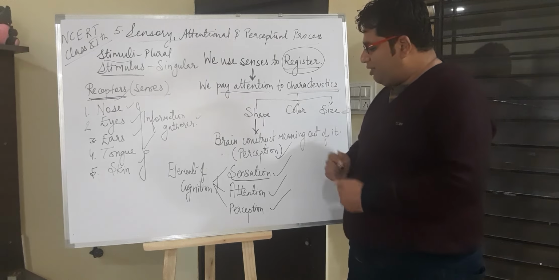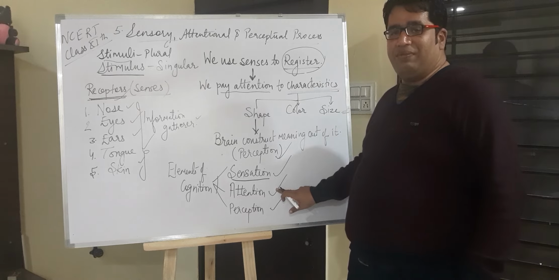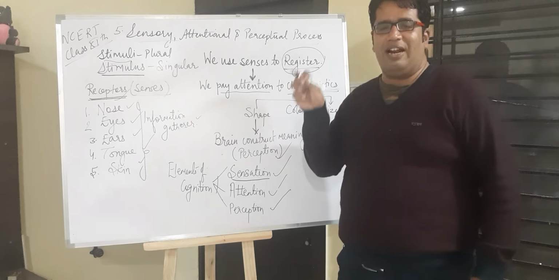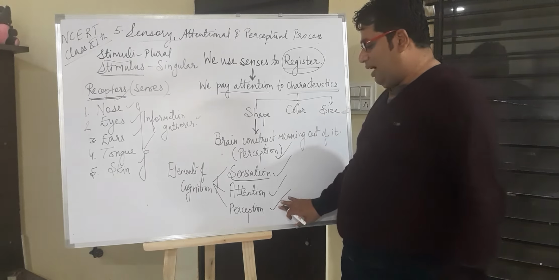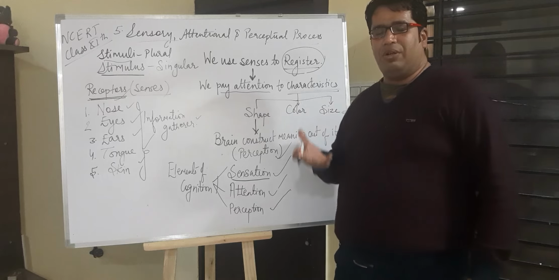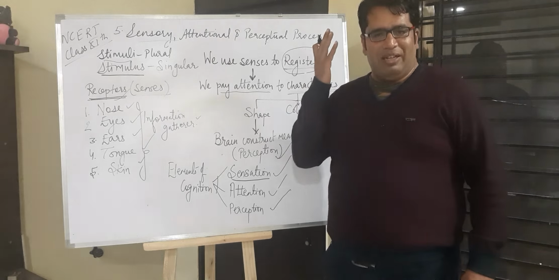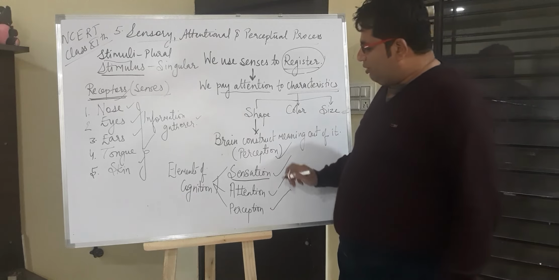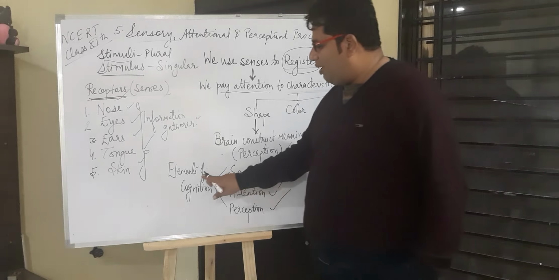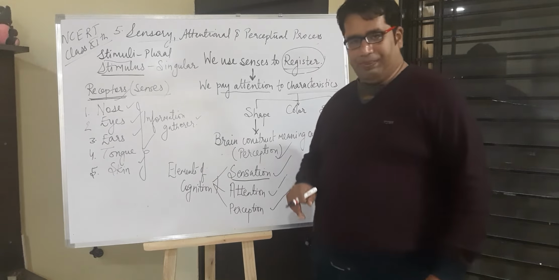Then after sensation, you have attention, in which you pay attention to the characteristics of the stimulus in front of you, and then you perceive, you draw the meaning by the use of your brain. That is called perception. These 3 points are a very important part of cognition.